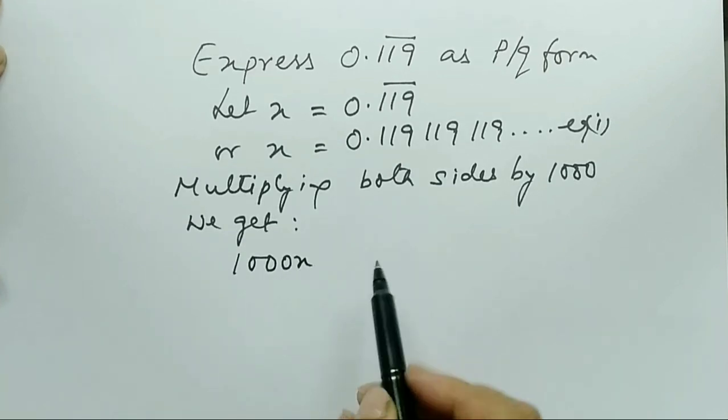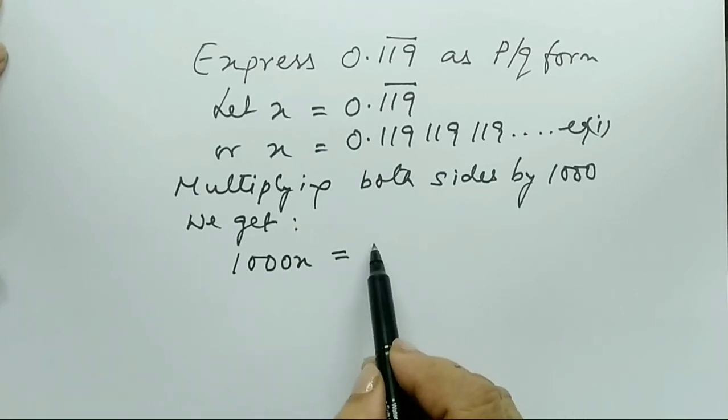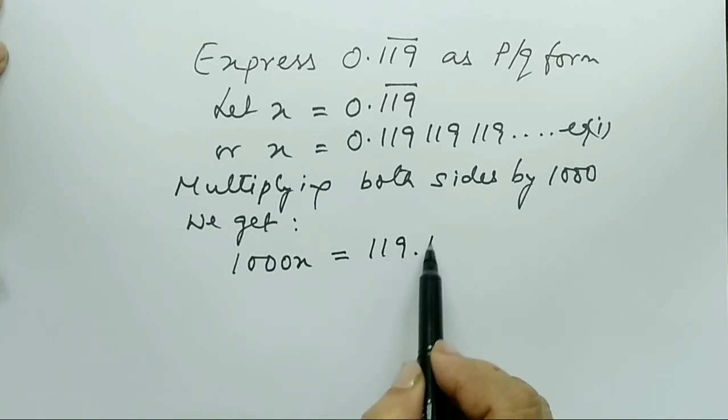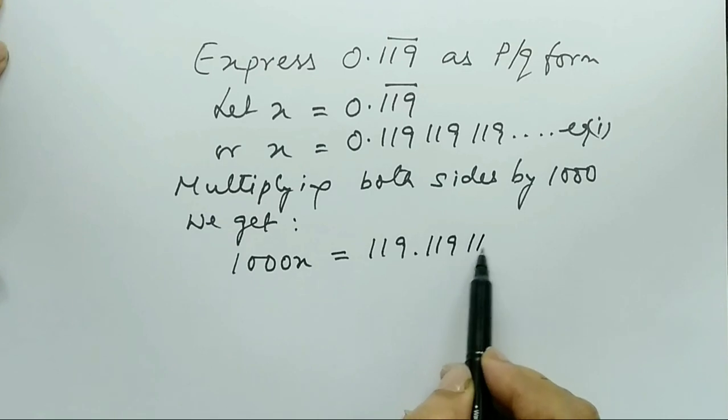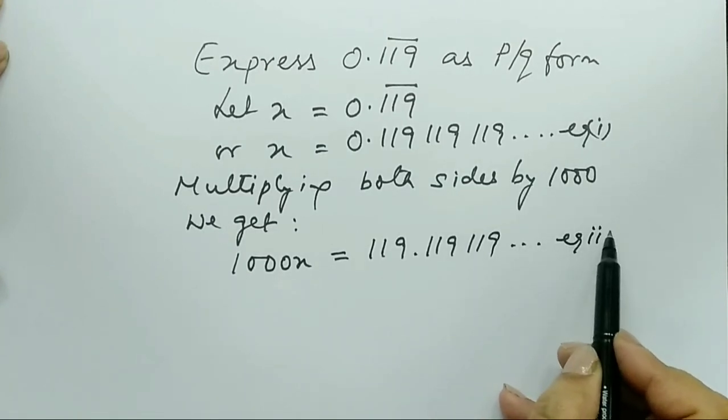So 1000 multiplied by x gives us 1000x, and here we'll have 119.119119, and it goes on endlessly.